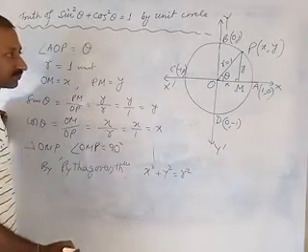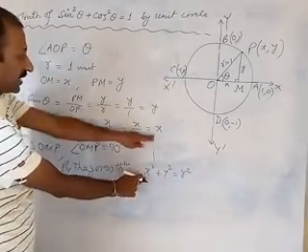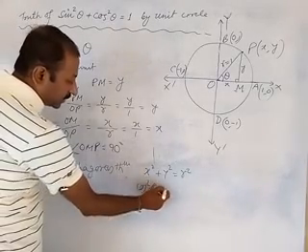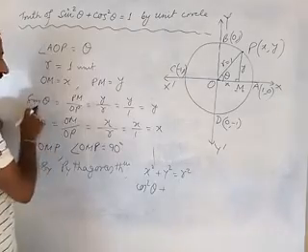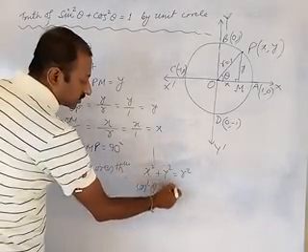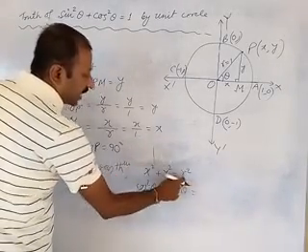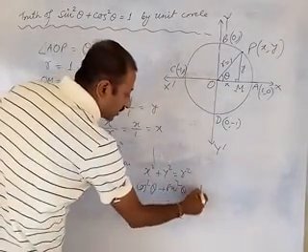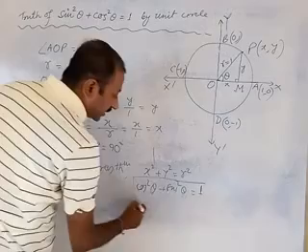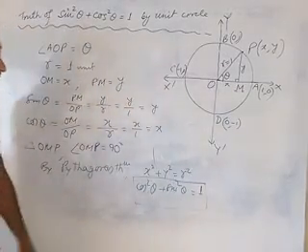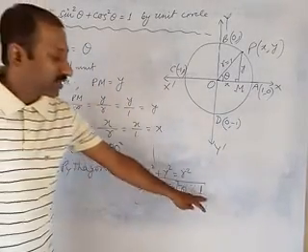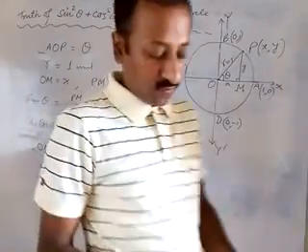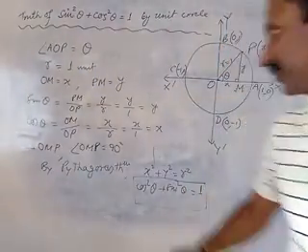R square. What is x? X is nothing but cos theta, so it is cos square theta. What is y? Y is nothing but sin theta, so it is sin square theta. What is r? Because it is a unit circle, radius is 1, so it is nothing but 1 square, which is 1. So this completes the proof of cos square theta plus sin square theta equal to 1 by the concept of unit circle. I hope all of you have understood.